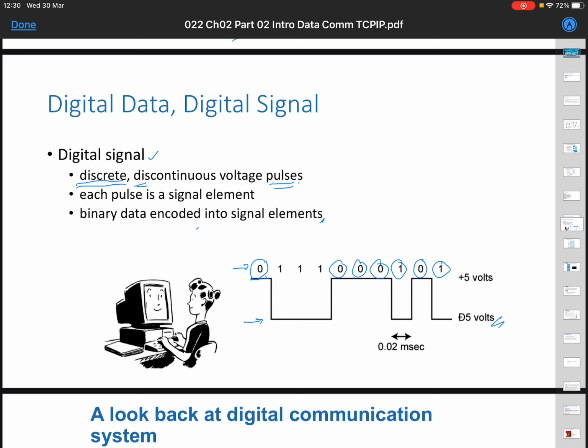Sometimes you will deal with data like this, where 0 is represented by high. Normally 0 is represented by low or 0 volts, and 1 is represented by high. But in this case, it is the other way around. We will discuss this type of data later.